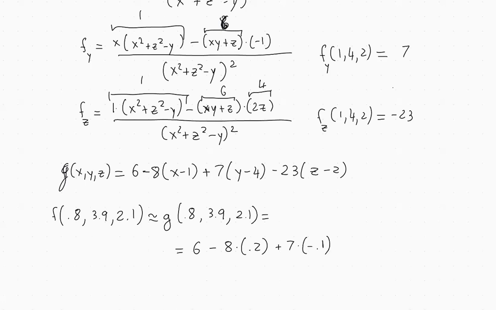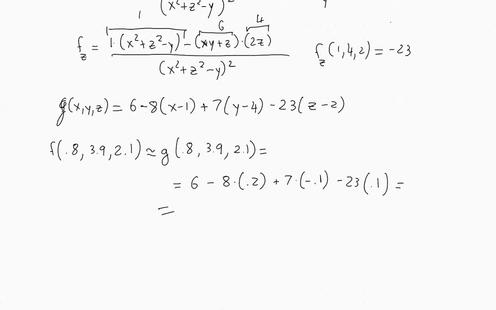And this is 2.1 minus 2, which is 0.1. Okay, let's see what happens with this. So we have 6 minus 1.6 minus 0.7 minus 2.3, right? So if you add all of these things together, what you're subtracting, you find minus 4.6.